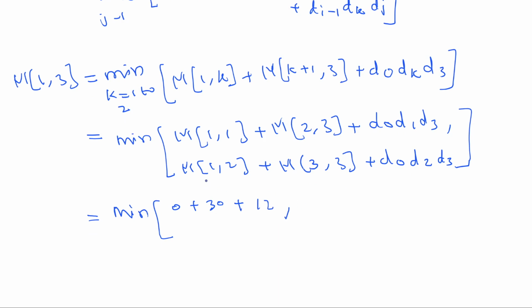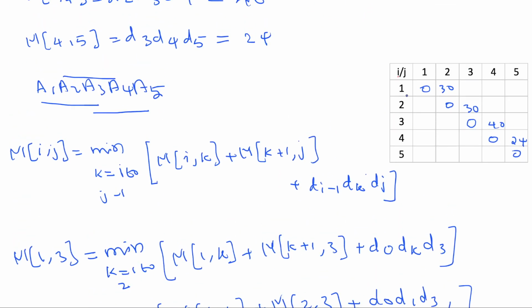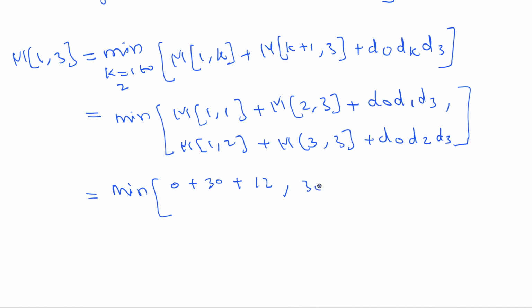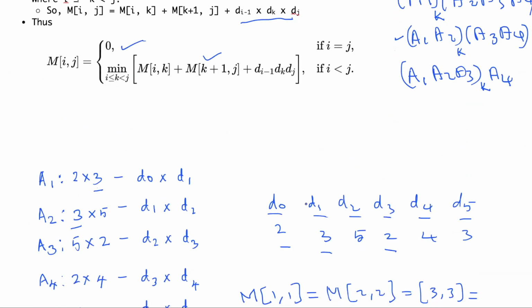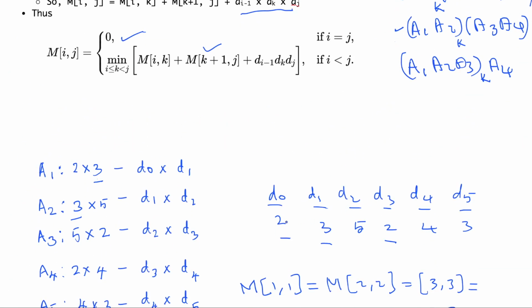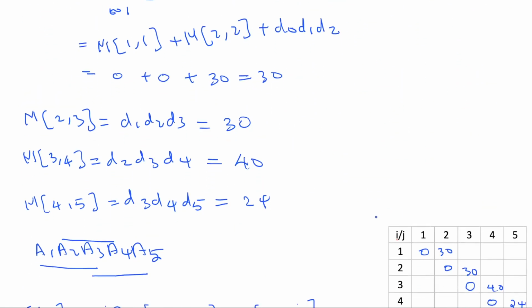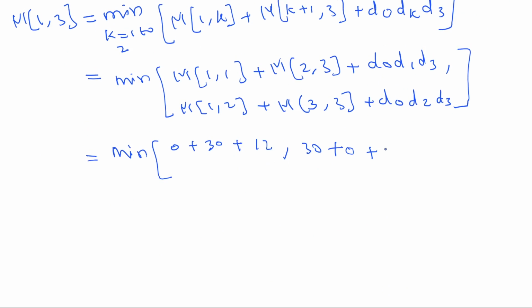The other is m of 1,2 which is 30, plus m of 3,3 which is 0, plus d0 d2 d3. d0 into d2 is 10, into d3 will be 20. So we have to calculate the minimum of 30 plus 12, which is 42, and 30 plus 20, which is 50. So the minimum is 42.